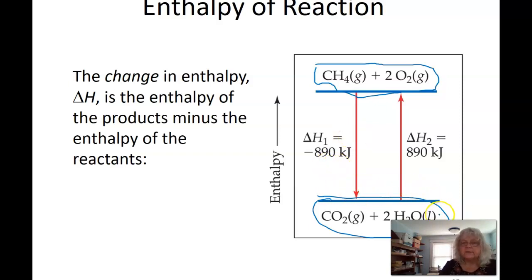If I go backwards, so if I go this way, essentially from carbon dioxide and water to make methane and oxygen, then my enthalpy change is going to be positive. So I have the same magnitude, the difference is the same, but it's negative in one direction, which means it released heat, and positive in the other.